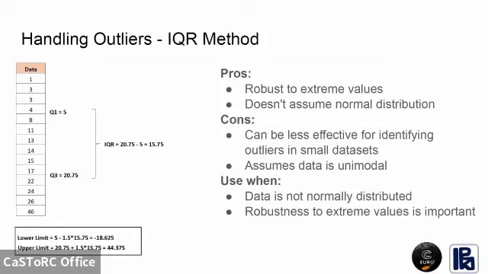You use it when your data are not normally distributed, in contrast to the Z-score, and also when robustness to extreme values is very important. So this is how we distinguish. How you make the decision is based on what kind of data you have.